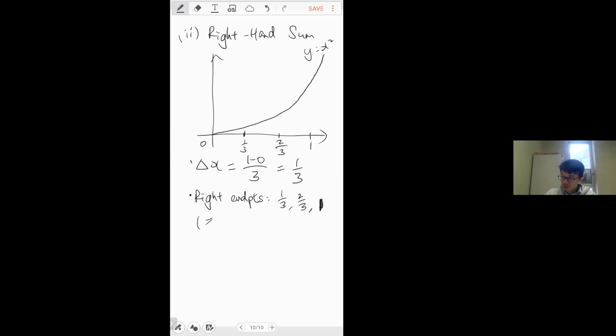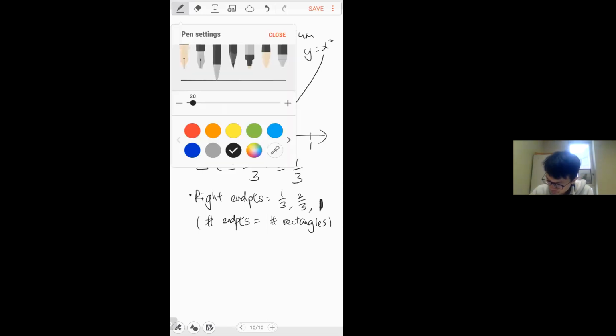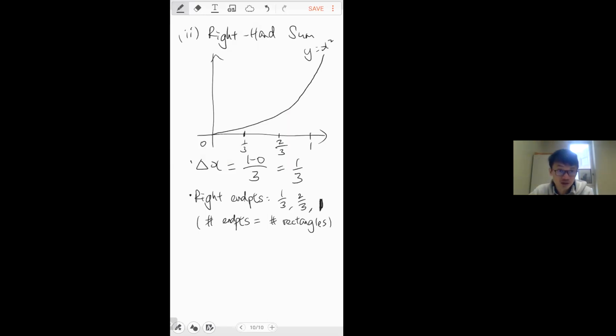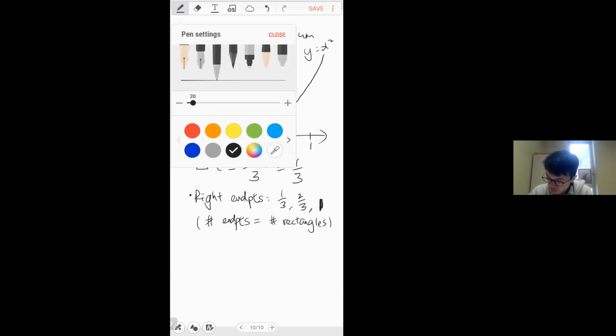Once again, the number of endpoints should be the same as your number of rectangles. No matter what, the number of endpoints should always be the same as the number of rectangles. Okay, now what do we do next? We draw some rectangles.